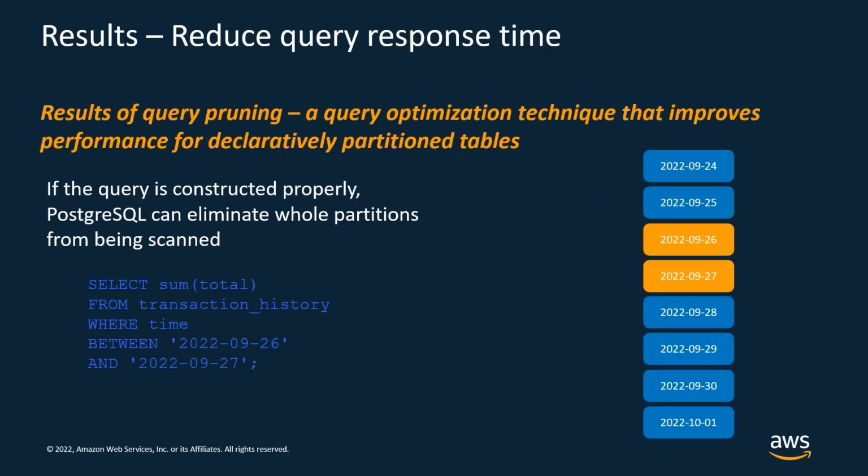Now that we have implemented table partitioning on the transaction history table, let's take a look at what has improved. Most of our customer queries perform searches based on time ranges. As a result of partitioning, we're seeing the effect of partition pruning. The Postgres planner is able to limit index scans to a subset of related partitions instead of scanning the entire table.